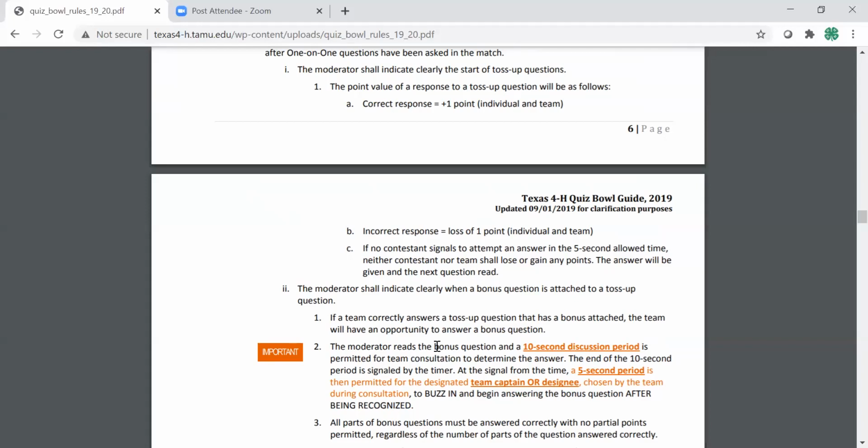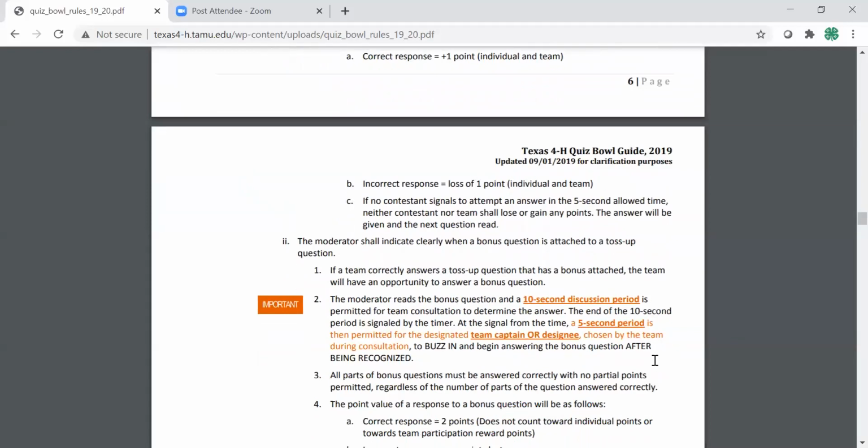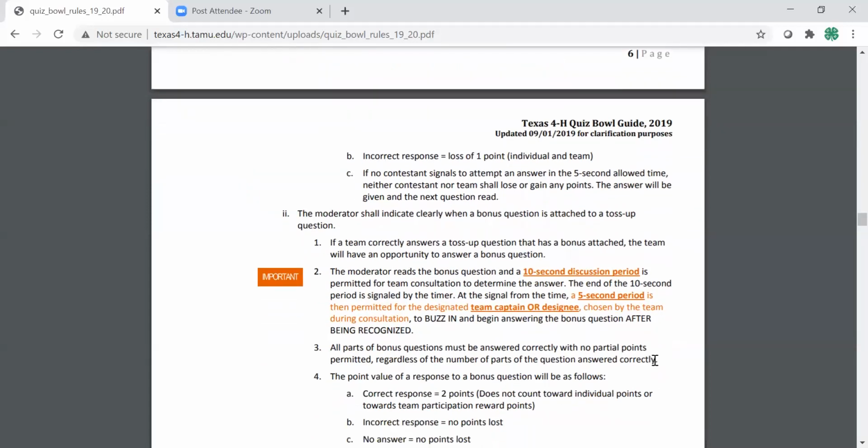At the end of the discussion period, it'll be signaled by a timer. They'll say discussion's over, or you'll hear a little buzz. From that point, they have 5 seconds for either the team captain or whoever you decide on your team is going to answer that question to buzz in and then begin answering the question after being recognized.